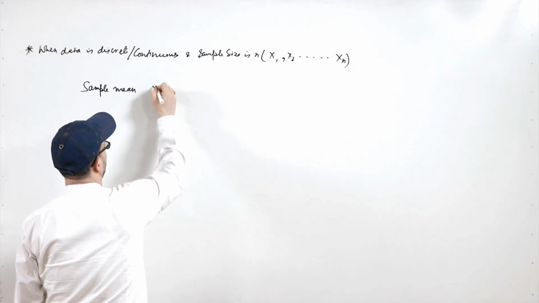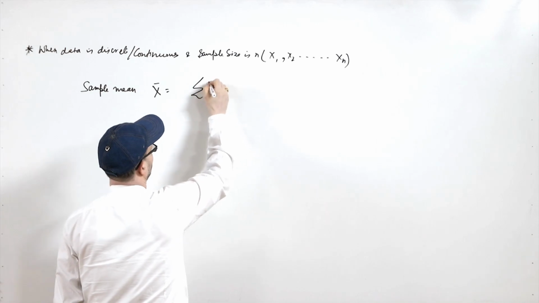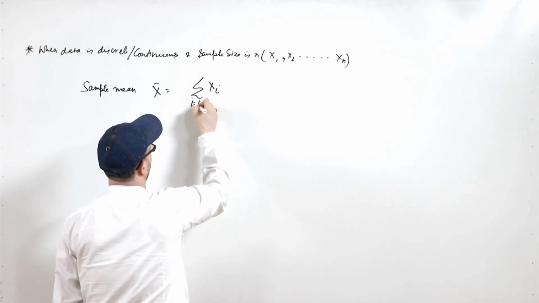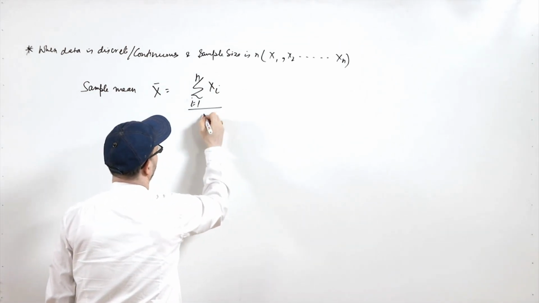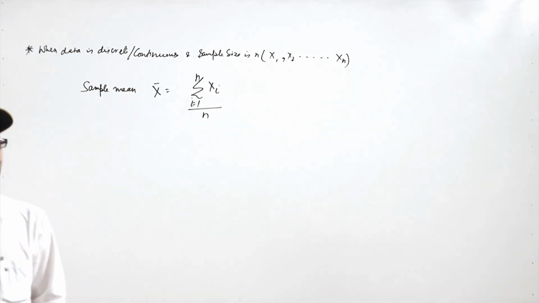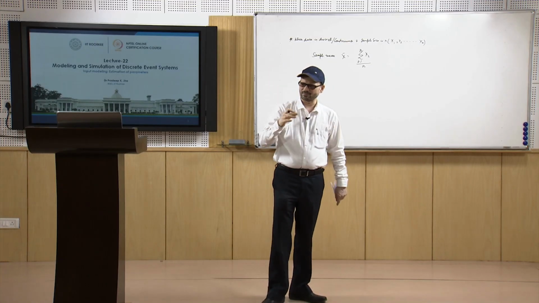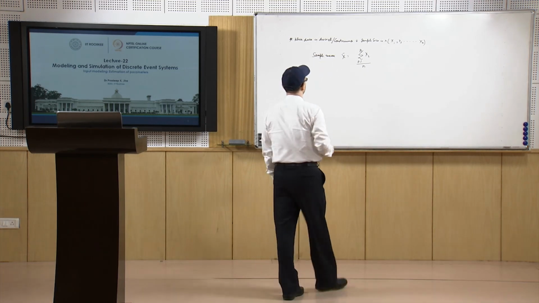So, x bar is the summation of xi, i varying from 1 to n, that is the sample size, and then divided by n. This is how, when discrete or continuous raw data is available, you find the sample mean.